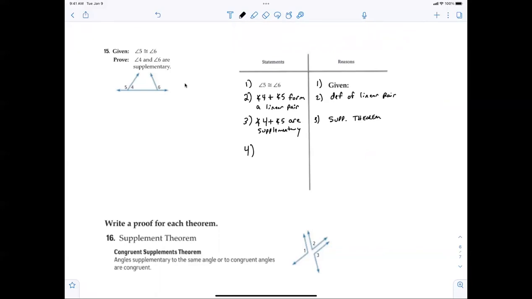But right now we can just do straight substitution. So if you would have said they add up to 180, it would still be fine, right? But we can now just say angle 4 and angle 6 are supplementary. And then we're just going to call that a substitution.